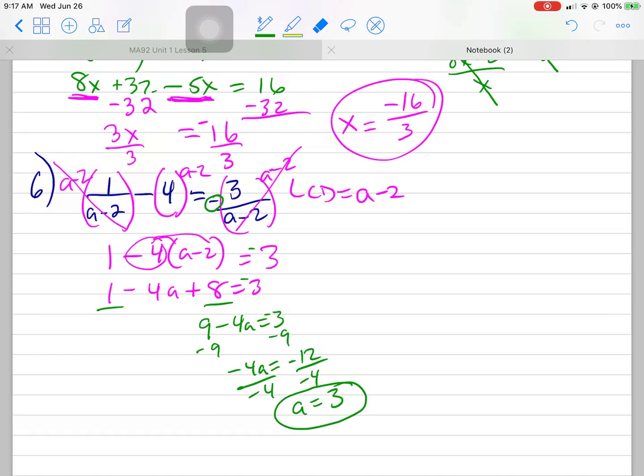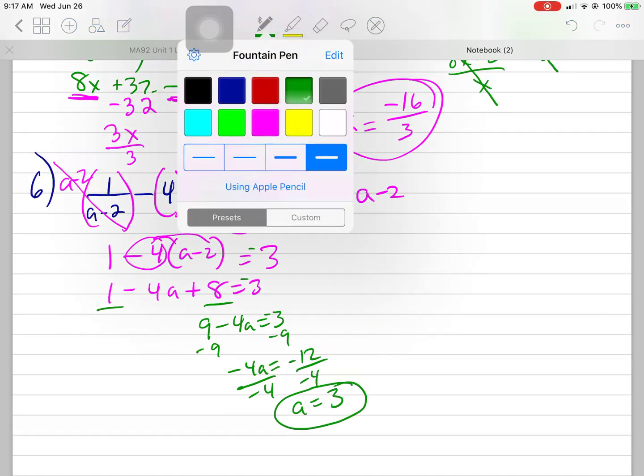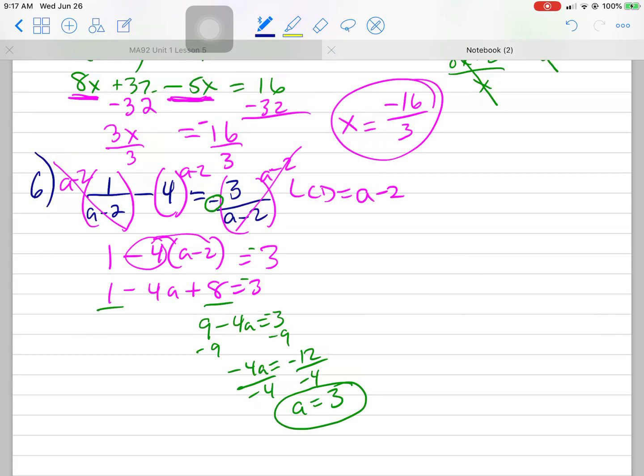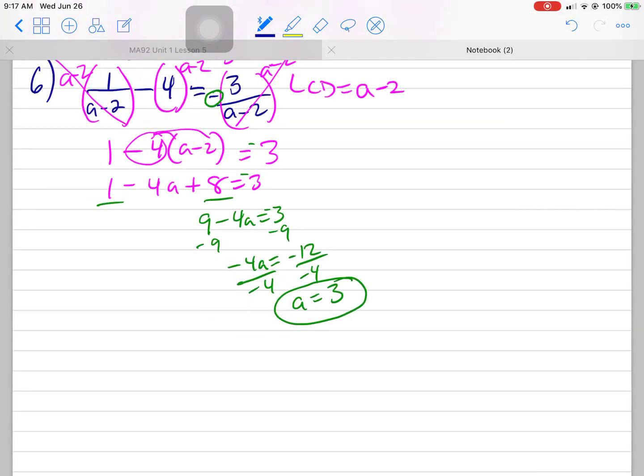Number 7. Got enough paper here. Let's go over here. 7. For 7, you still need to find the LCD, which is that right there.